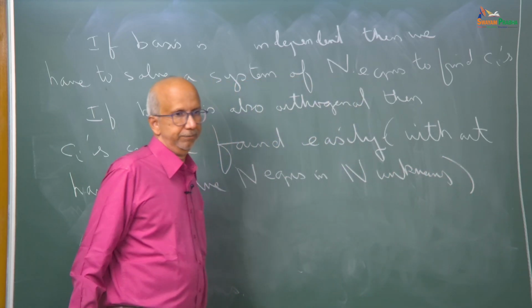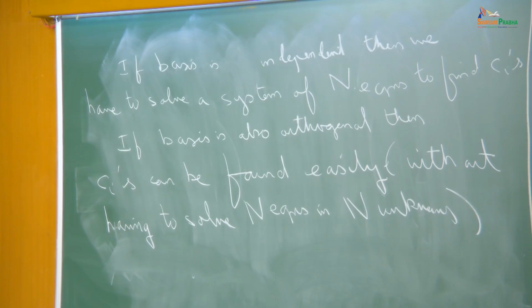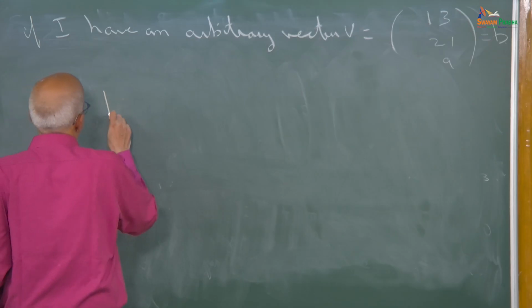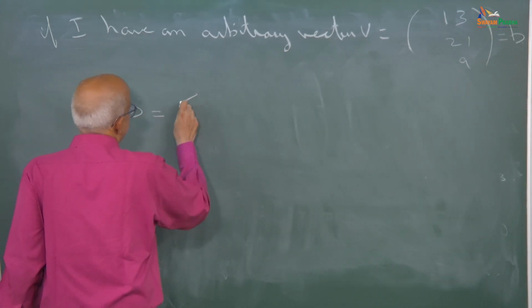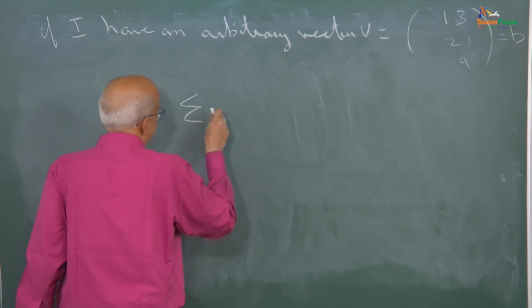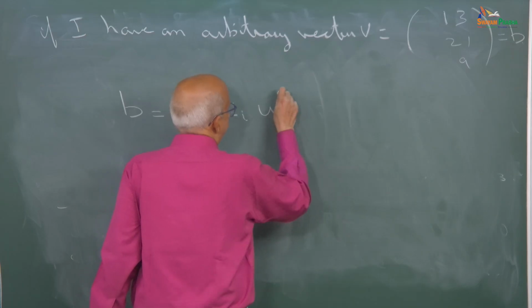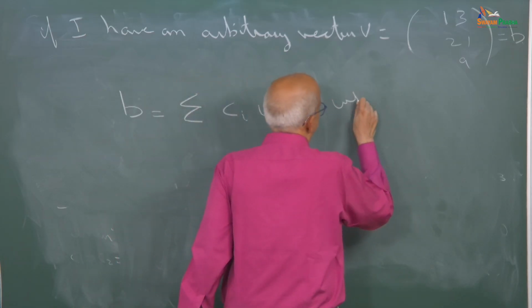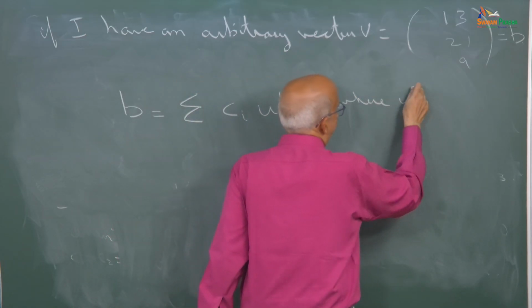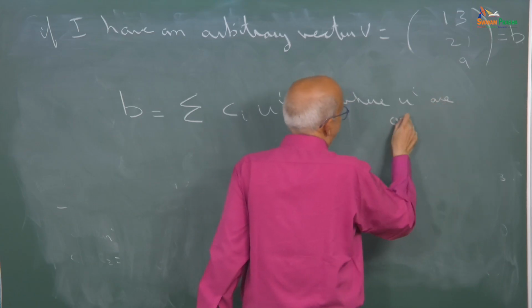Like what I did. So, now let me call this vector some b. I am saying now b is written as sigma Ci ui, where the ui are orthogonal.